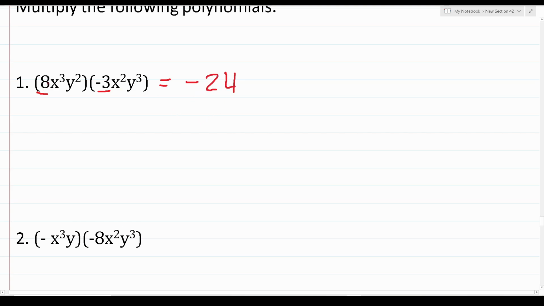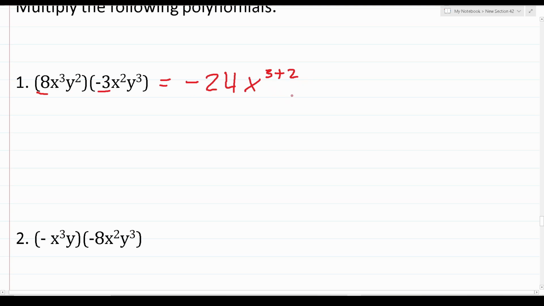All right, now that we've taken care of our coefficients, let's go ahead and take care of our exponents using the product rule. Here we have x to the third times x squared. According to the product rule, we're just going to add those exponents together. So this becomes x to the 3 plus 2.